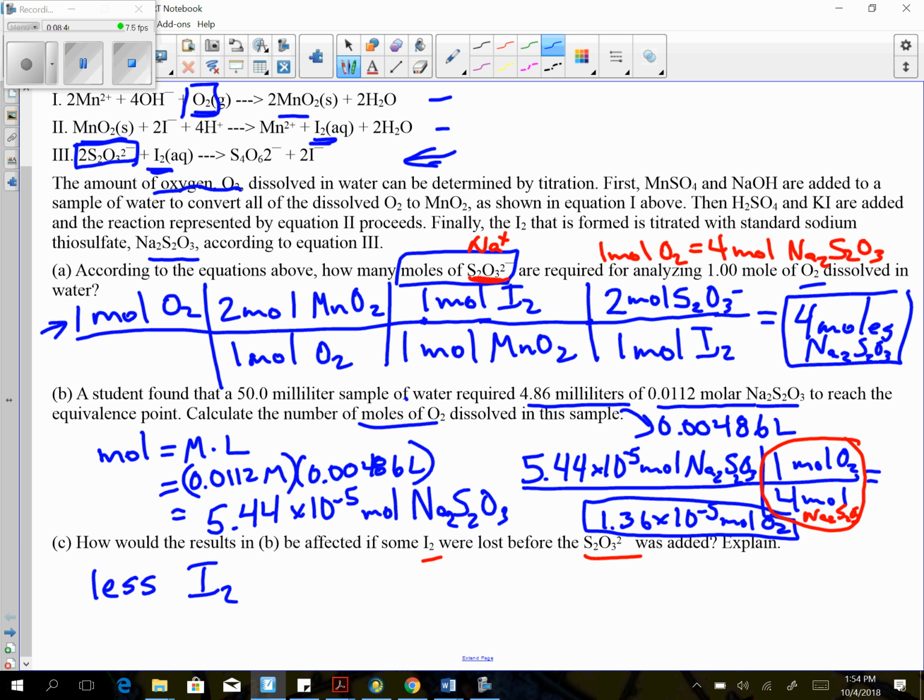If you have less I2, then all of the thiosulfate that you add reacts with the iodine that's there. Then you would have less S2O3, the sodium thiosulfate ion reacting, and then you would think you have less oxygen than you actually do.